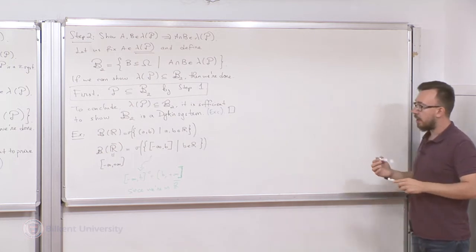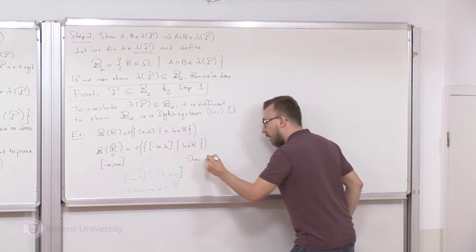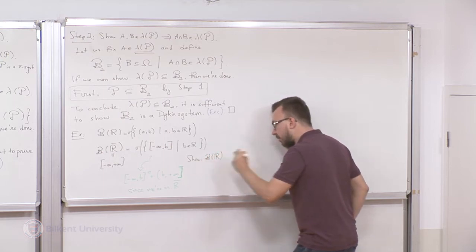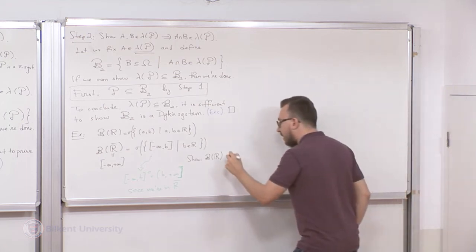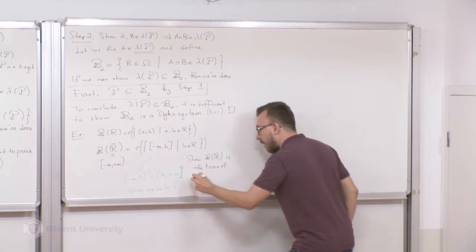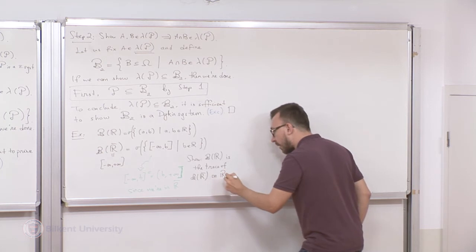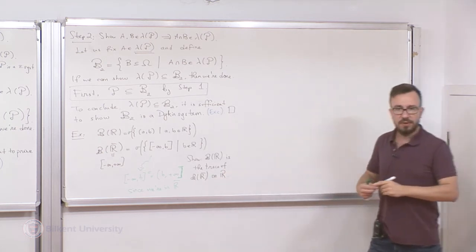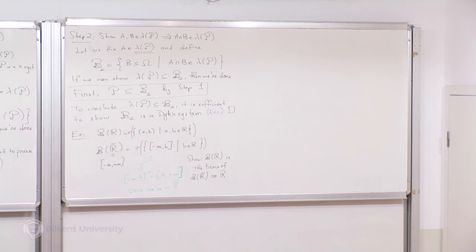Okay? For instance, you can show that this usual Borel sigma algebra on the real line is the trace of the Borel sigma algebra on the extended real line on R. Remember the idea of trace. You are working on a large sample space, but you want to shrink everything to a smaller sample space.